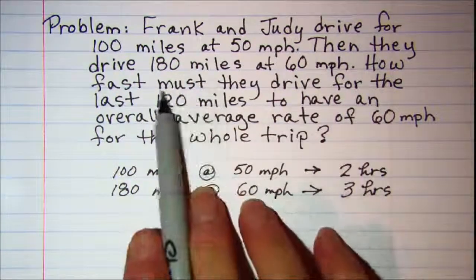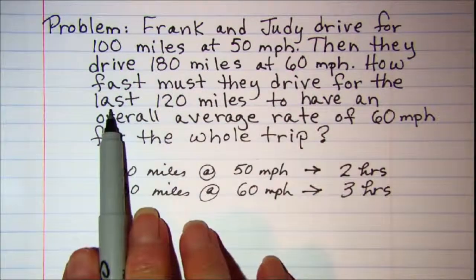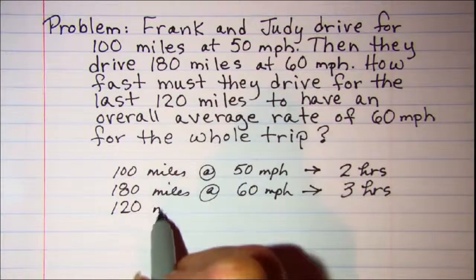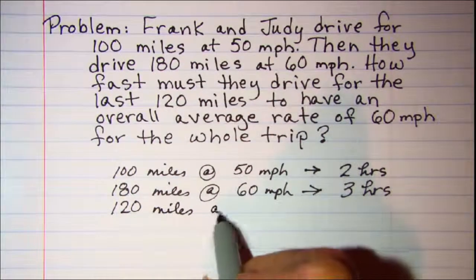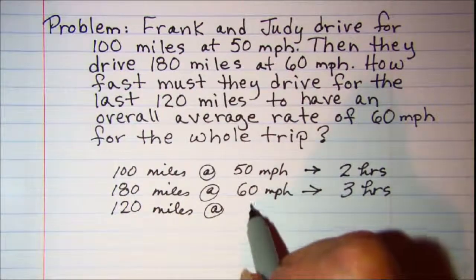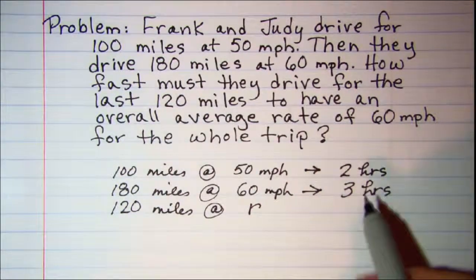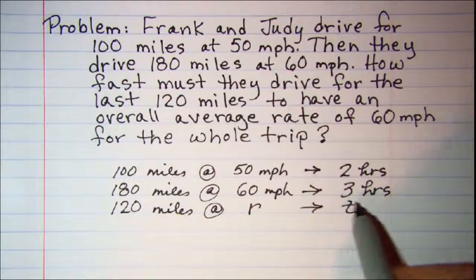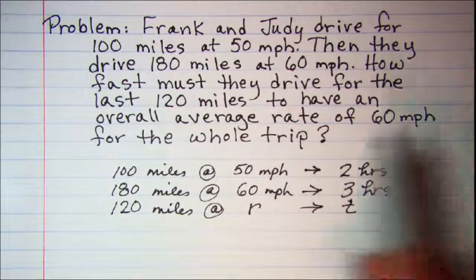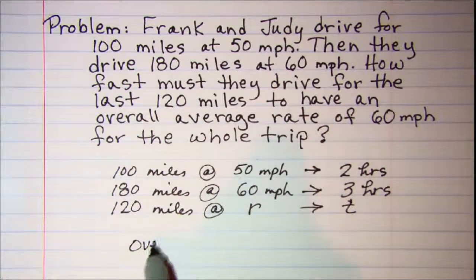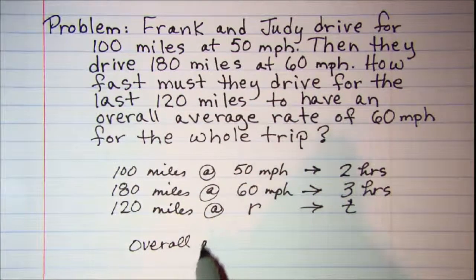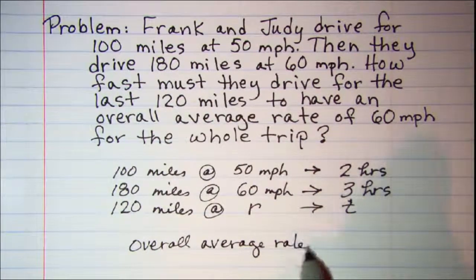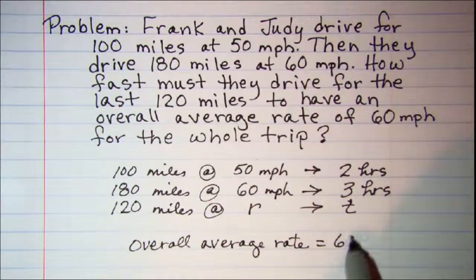And then how fast must they drive for the last 120 miles? So I have 120 miles at, and I don't know their rate of speed, so I can call that R. And I don't know that time, we'll call that T. To get an overall average rate of 60.